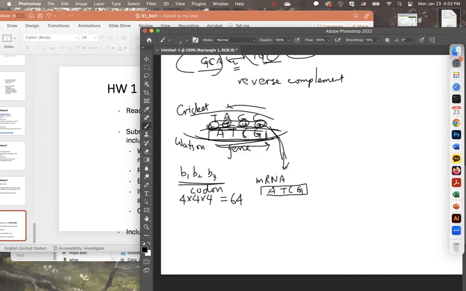It depends on where the gene is. If the gene is located in this strand, this will be non-coding, because coding of the gene is not done from this strand but from the opposite strand. So this will be the coding strand. If the gene is located in the Crick strand, then this will be the non-coding strand.